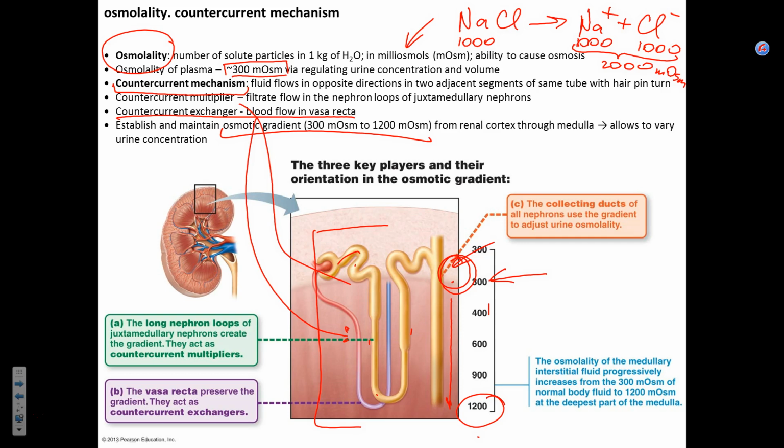So, the most important take-home message so far is that you have two parallel systems, multiplier and exchanger. Multiplier refers to filtrate in the nephron loop, exchanger to the blood in the vasa recta. And also, the concentration of extracellular fluid becomes higher and higher as we move deep into the medulla.